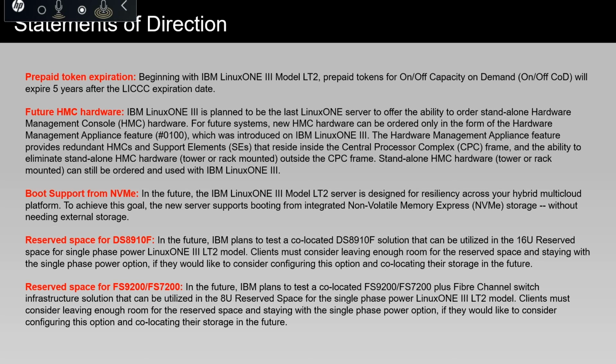When the microcode upgrades end, the 5 years starts at that point. This is a change, so customers that do on-off capacity on demand should take a look at it.